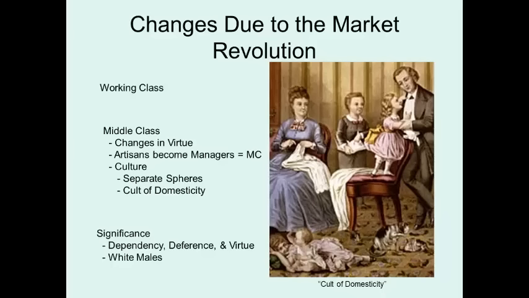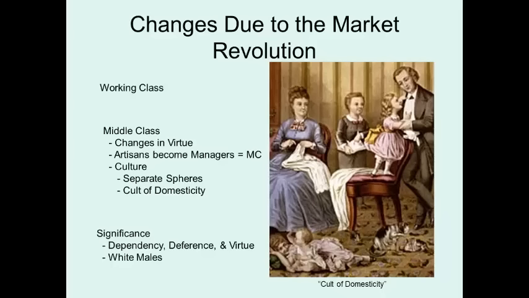Under this cult of domesticity, they basically made it so that women were basically on a pedestal, that they were, by their very nature of being women, supposed to be more nurturing, more loving, and that it was their job to create a home and to take care of the children and make the home a refuge.